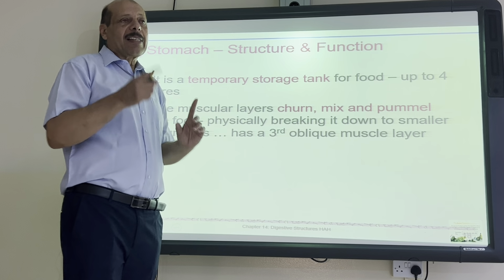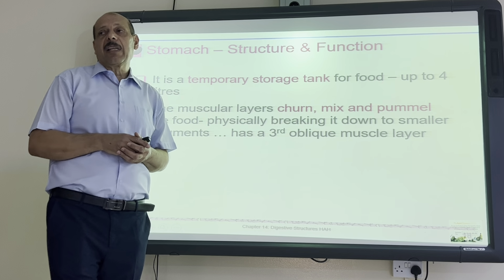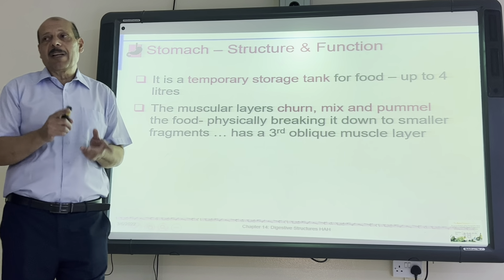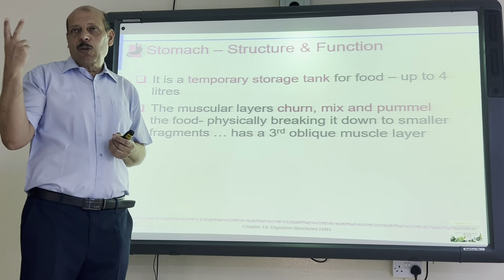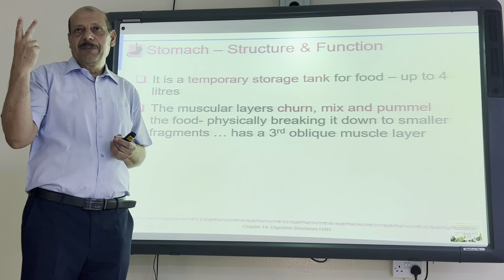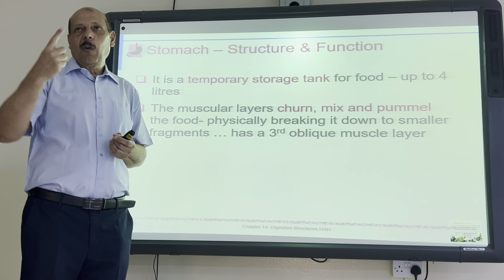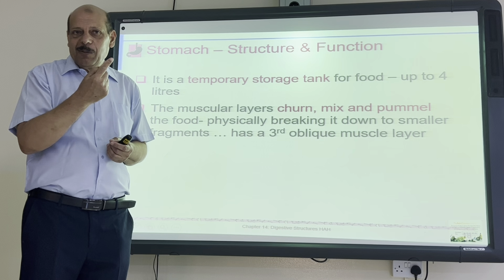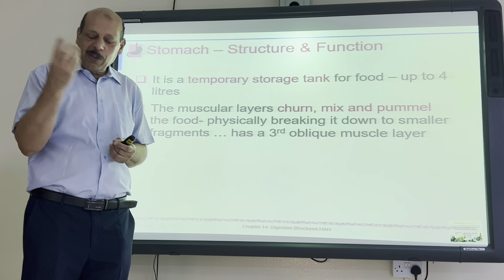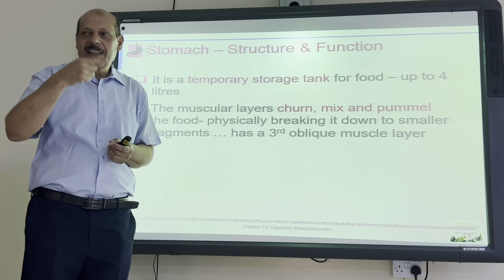Last time when we discussed the gastrointestinal tract, we said that the muscular layer mostly has 2 layers. What are they? One is longitudinal, and the other is circular.